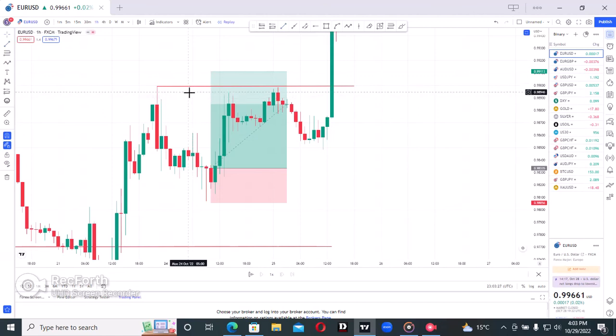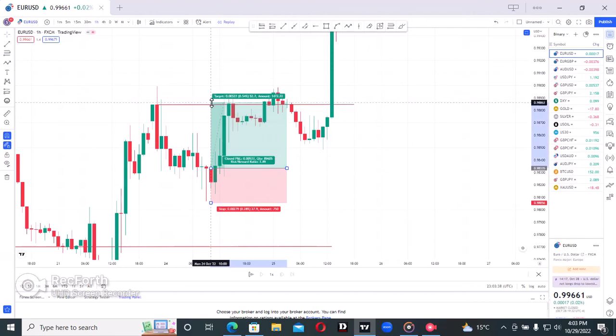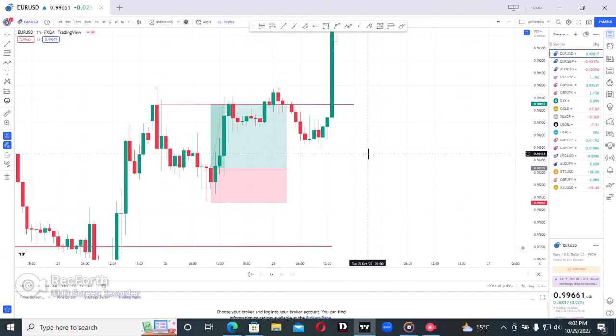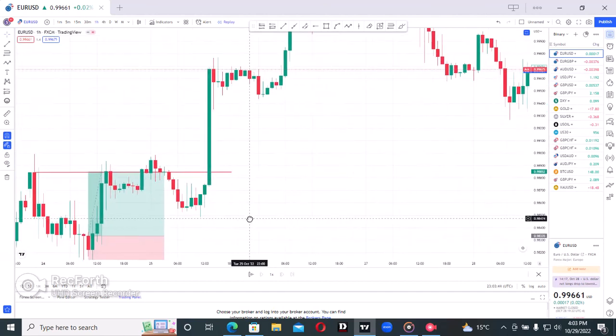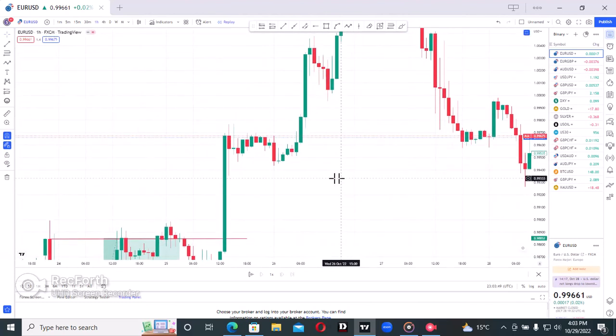You can use not the wick, but the real body, the opening or closing of the real body, which means you're going to put it just like this, you see. So this is how you can trade with support and resistance areas.